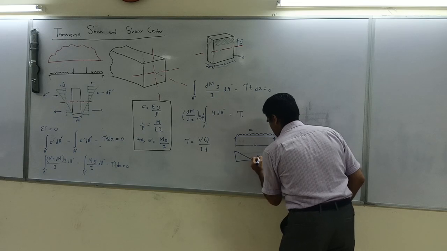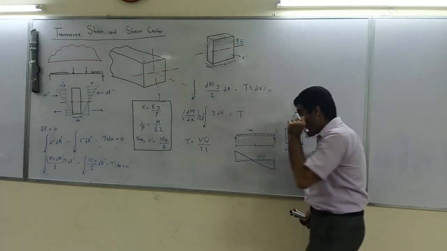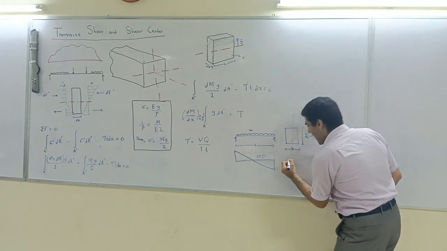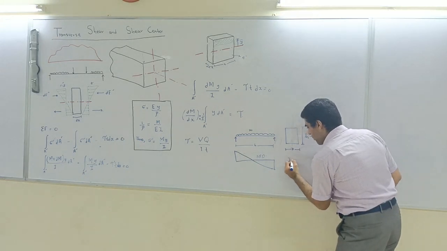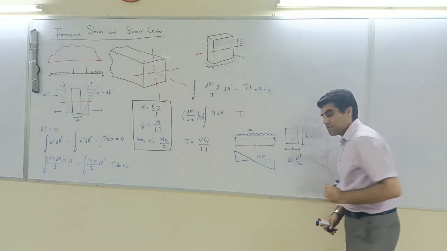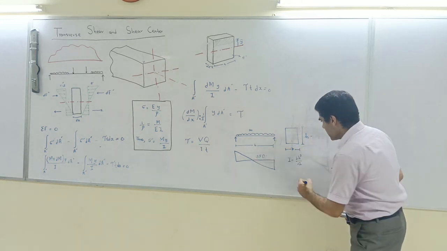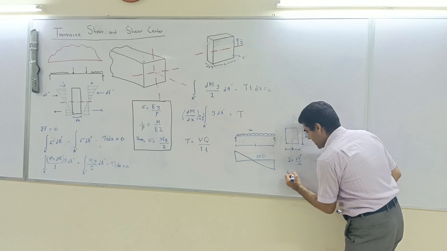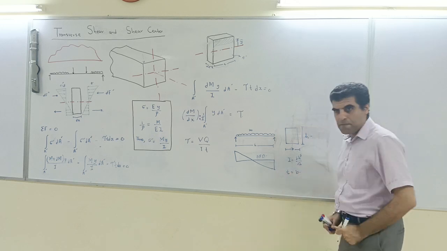This is the SFD. I for this one is B h cubed by 12. T is equal to B.